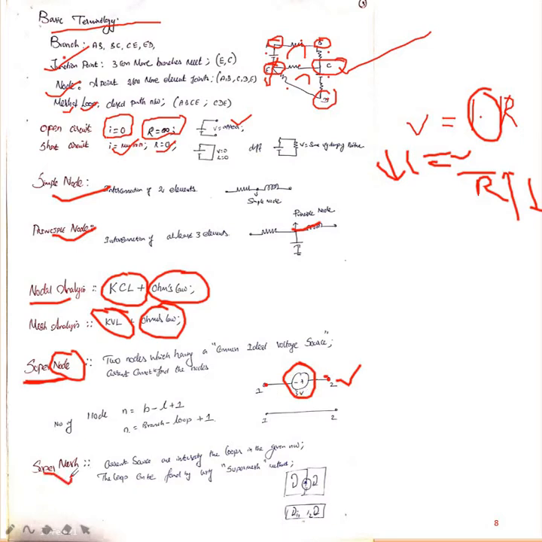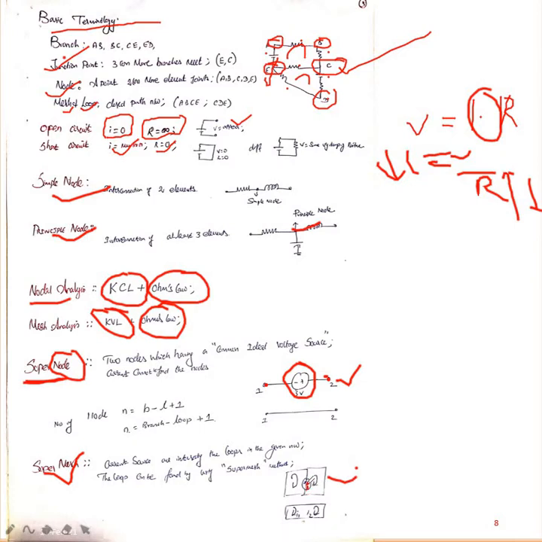Then what is the next, super mesh? You can see one loop here and another loop here. If a current source is intersecting between the two loops, then only you can say it is a super mesh. Then how to write the equations?